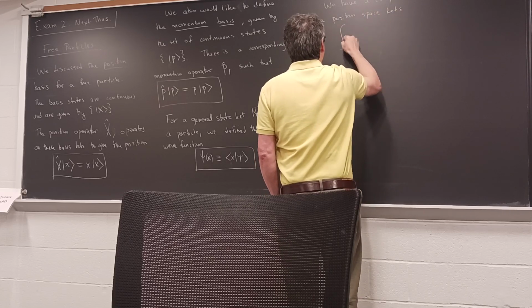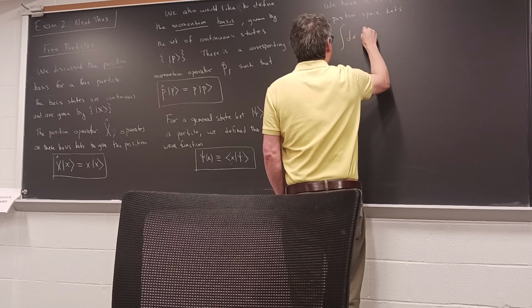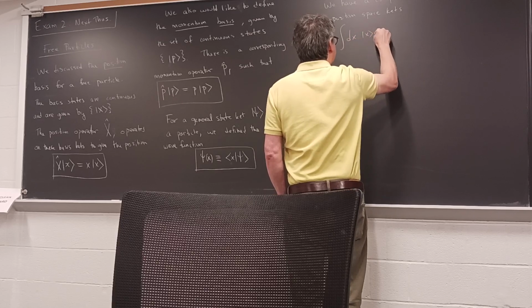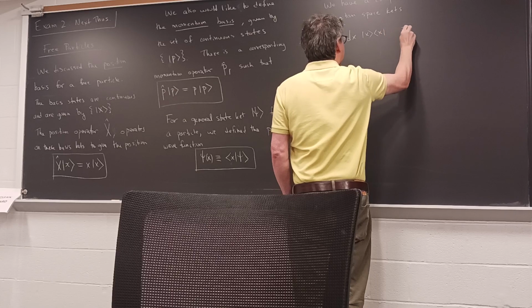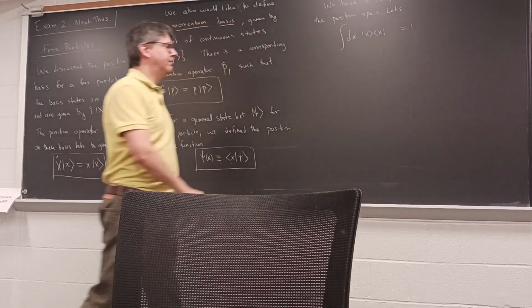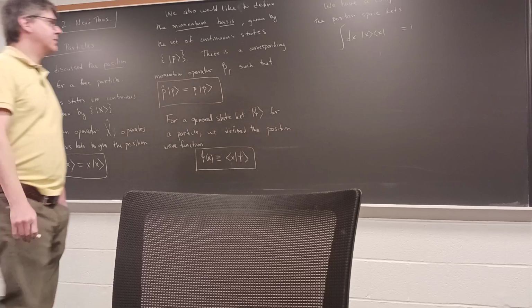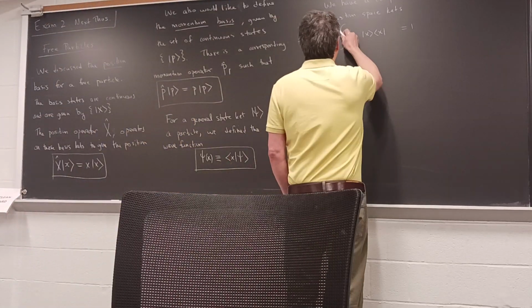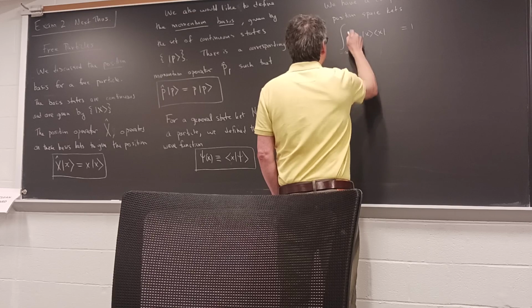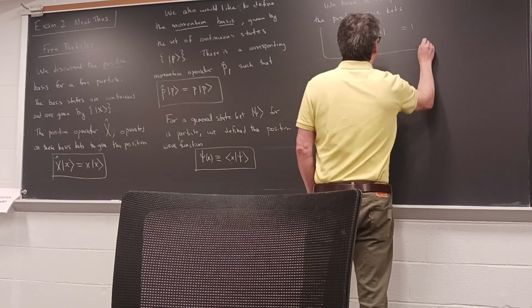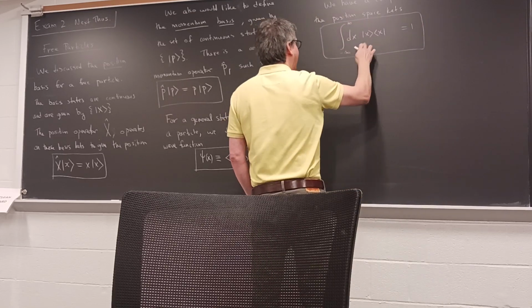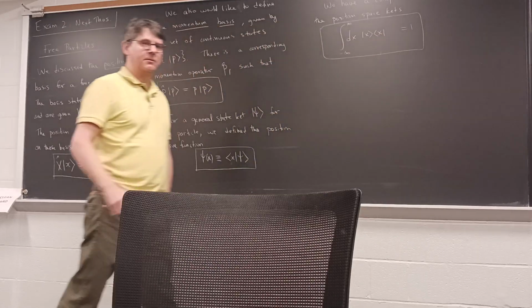And we wrote that as the integral over dx of |x><x| is equal to 1. So that's just the completeness relation, says that you can expand every ket in terms of the x basis.